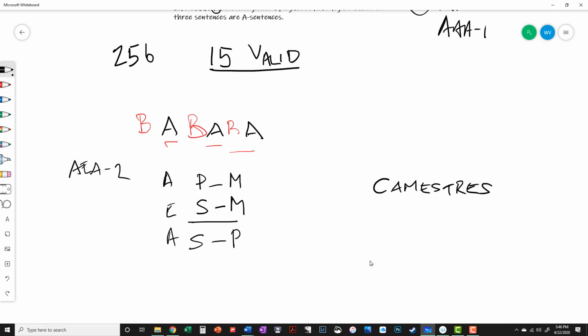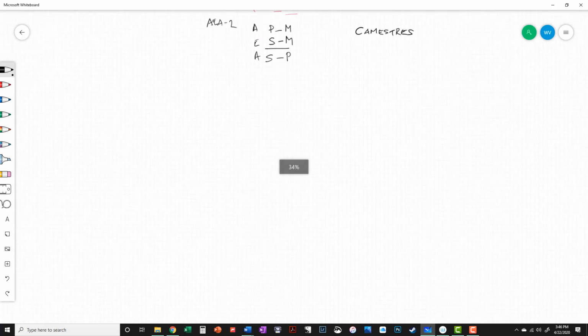Okay. Let's look at another example of another form. It turns out it's also valid. It's an IAI in fourth figure. And to do that, again, we'd start with the conclusion. And we think about what fourth figure means.